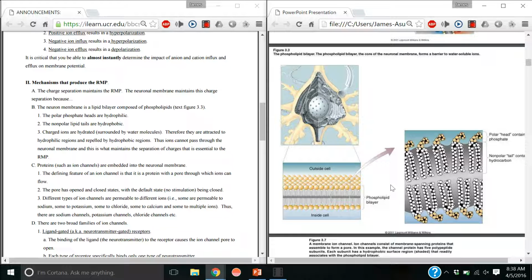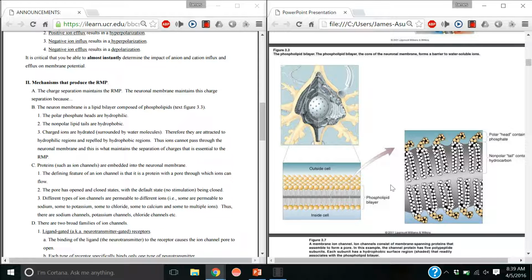So what the heck does that have to do with the fact that the ions will pass through? Well, the ions, not the anions and cations. The reason for that is because the anions and cations, the ions, are by definition charged, and therefore they are hydrated. They are surrounded by water molecules.